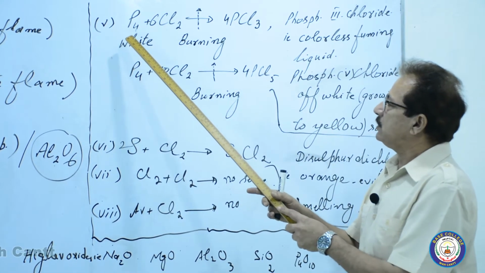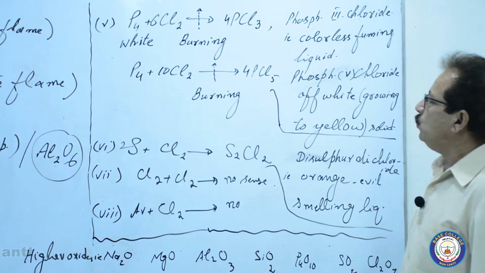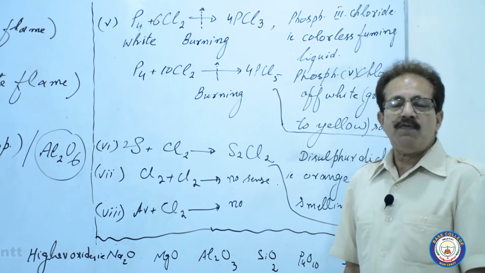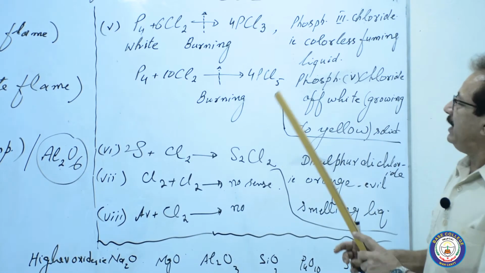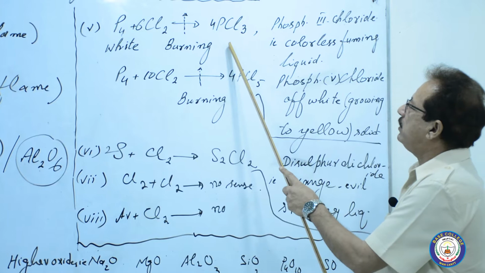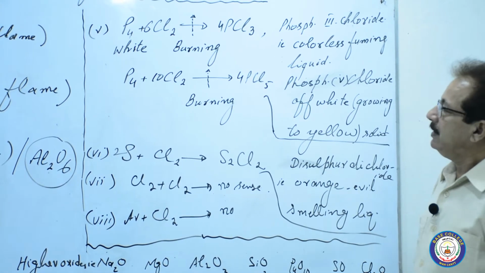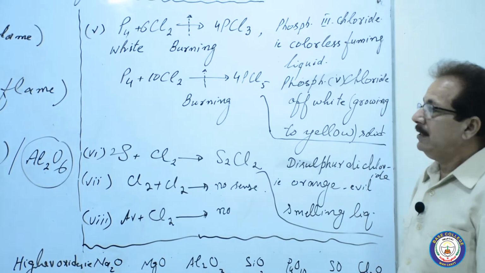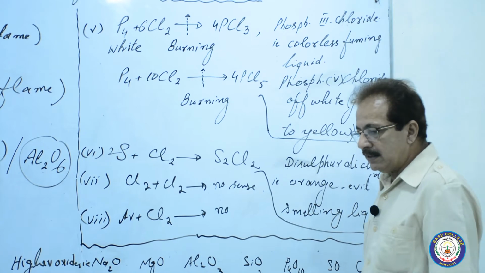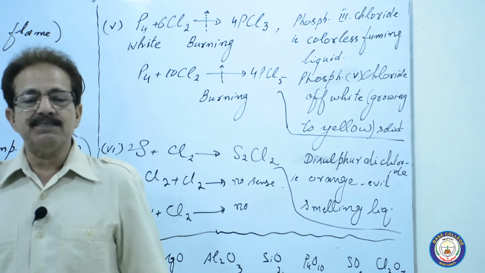When phosphorus is burnt in the presence of chlorine, you will get a mixture of two compounds. This mixture will consist of PCl3 and PCl5. The reaction is same, but so far as concerned with the products, two things will be obtained.